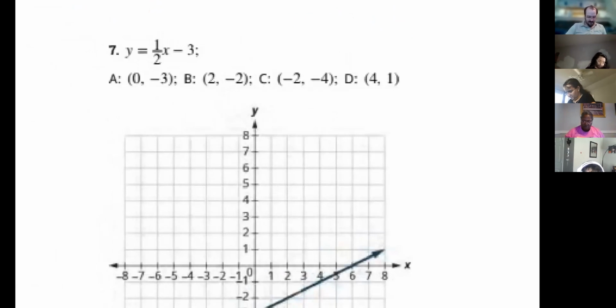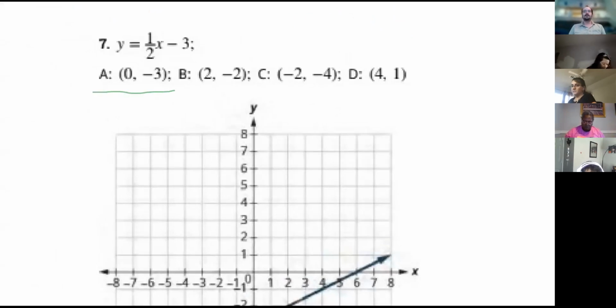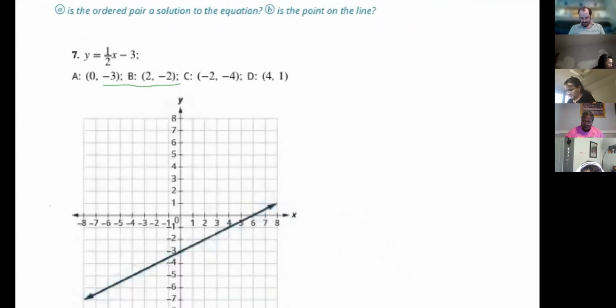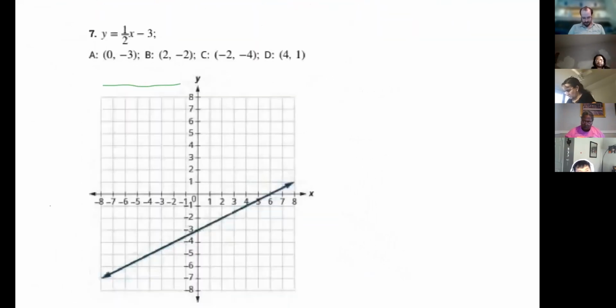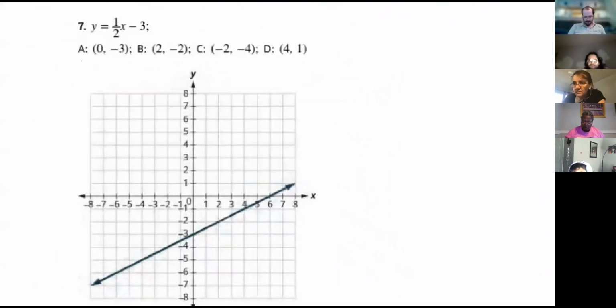If we look at this equation, it's 0, minus 3. Let me get that graph on there a little better. How do we know whether that's a solution to the equation or not?